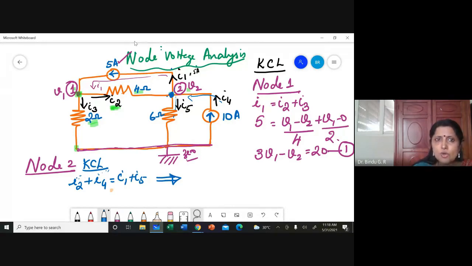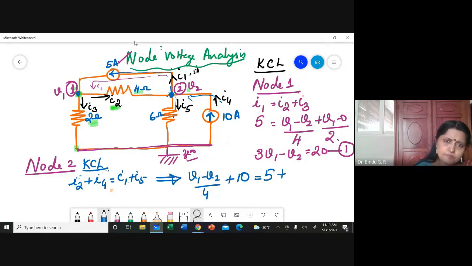So what is I2? I2 is a current flowing from node V1 to V2 through 4 ohm. So V1 minus V2 by 4 plus I4, which is 10 ampere coming in, so I can directly write it as 10, is equal to I1, a current source of 5 ampere going out. So it is equal to 5 plus I5. I5 is a current flowing from node V2 downwards to the reference through the 6 ohm resistor.